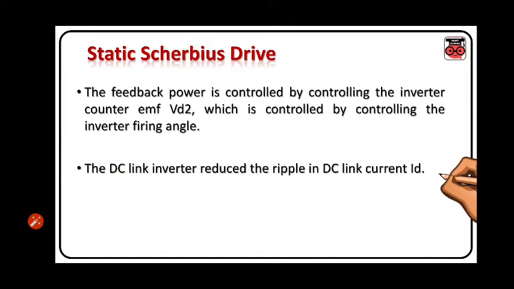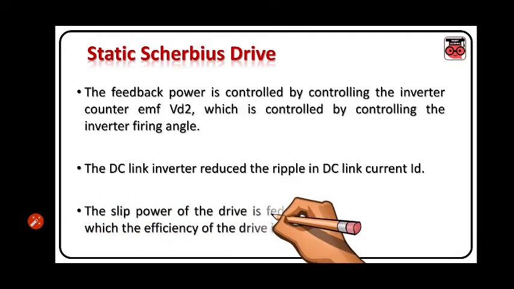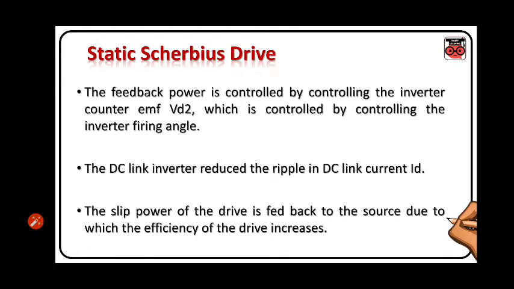The DC link inductor reduces the ripple in the DC link current Id. The slip power of the drive is fed back to the source, due to which the efficiency of the drive increases.